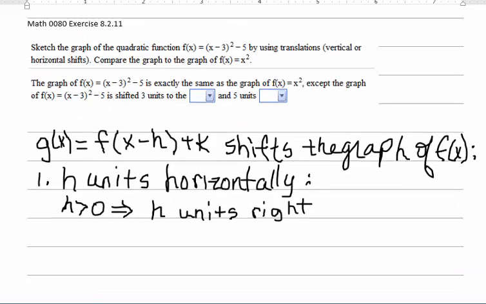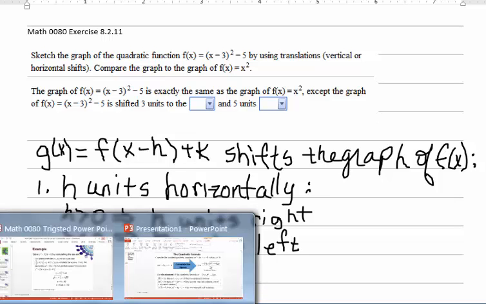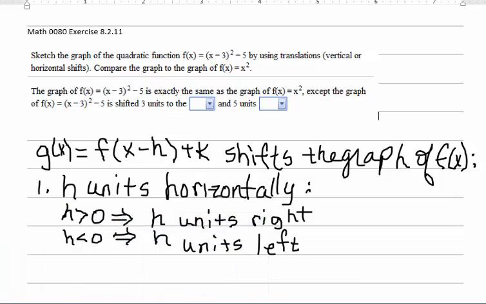If you're subtracting a negative number from x, then the shift is h units left. So in that case, there would be an addition, because x minus a negative number would be x plus a positive. So if h is negative, you're going to see an addition going on.